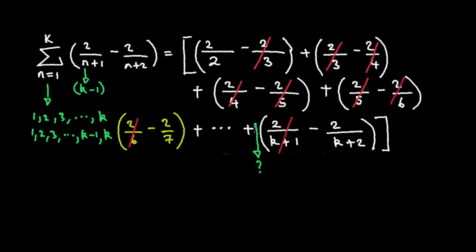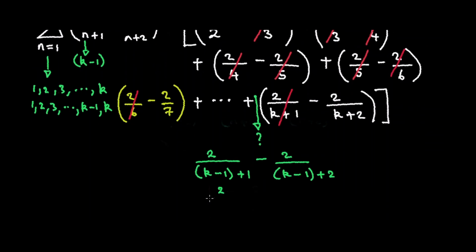This term, just before the last term, will be 2 over k minus 1 plus 1, then we are going to be subtracting 2 over k minus 1 plus 2, like that.